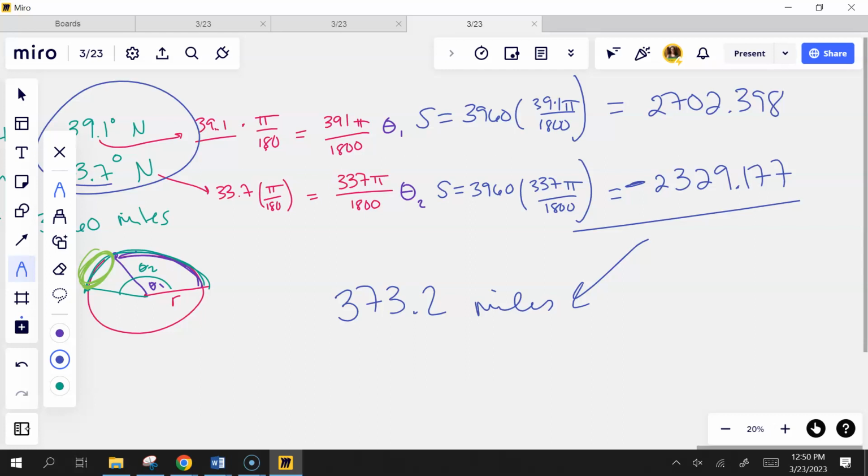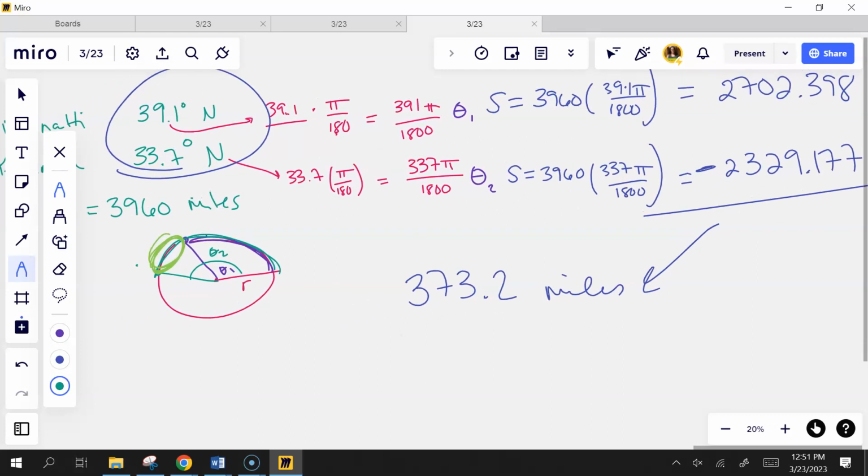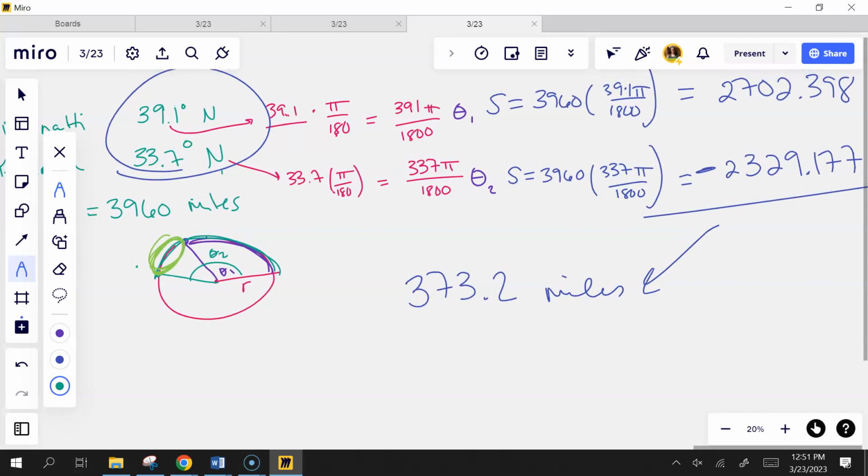Now, if you did it the other way, so if you subtracted these first, you got what? 5.4?